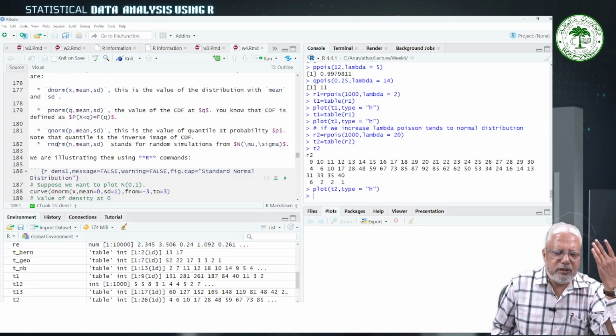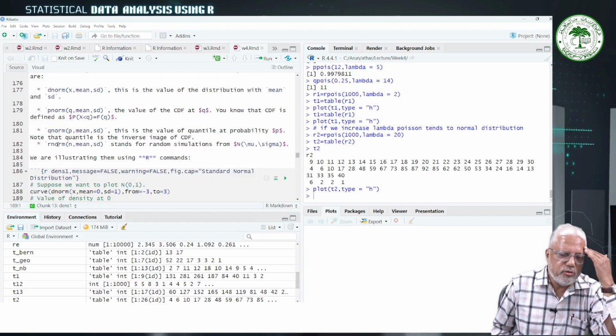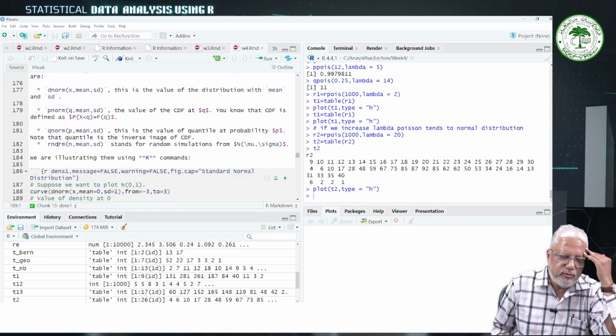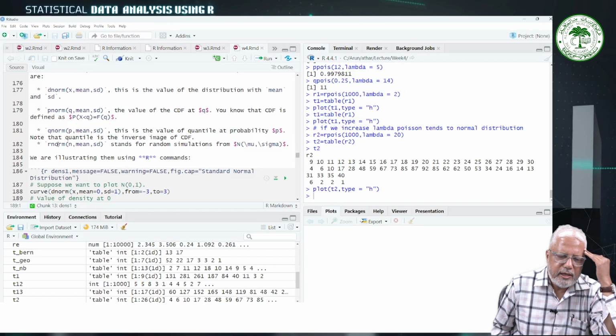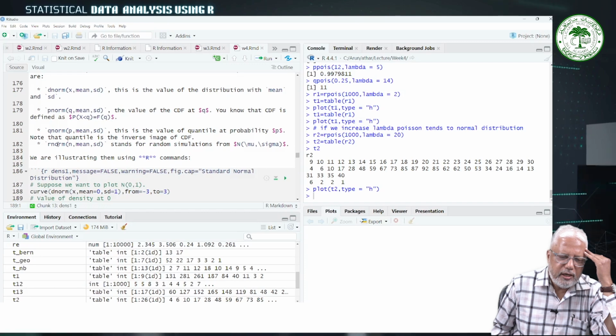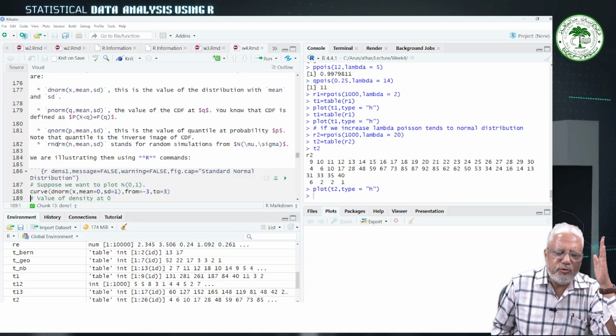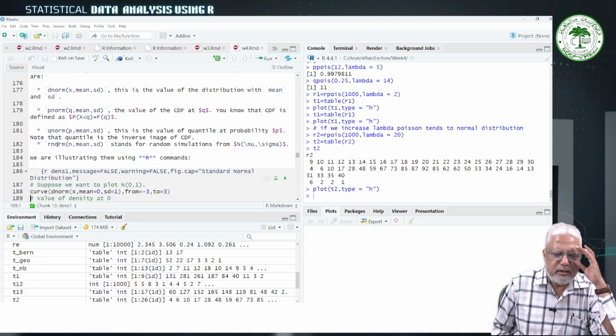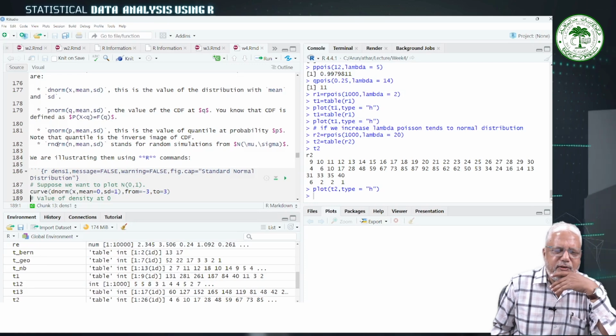But Gauss was very secretive in his work, so people could not decide whether it was first identified by Gauss or Laplace. But the fact is that history says it was first identified by Laplace. But before that, it was identified by De Moivre.